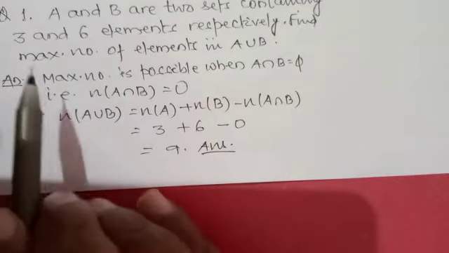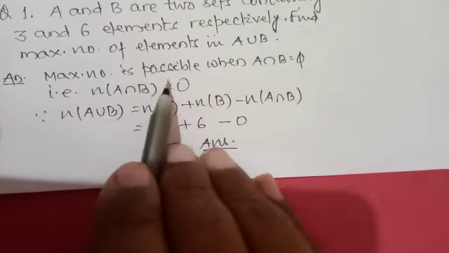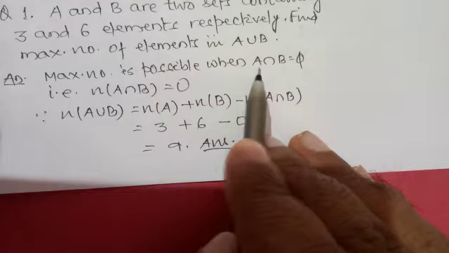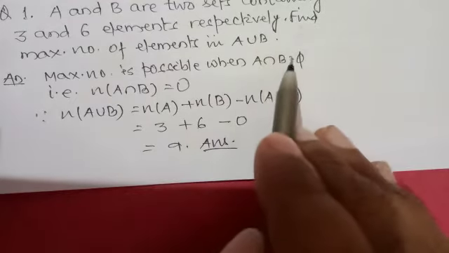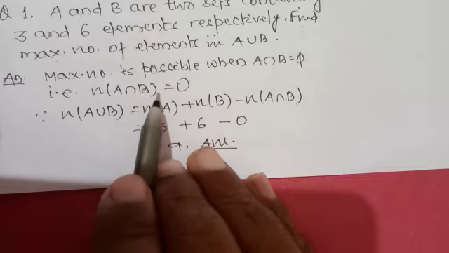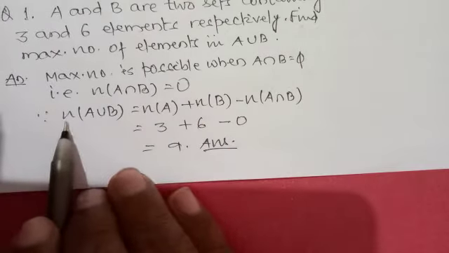So see the example. When is the maximum number possible? Maximum number is possible only when their intersection is empty. Intersection will be empty means the number of elements of A intersection B is 0. And now apply the formula.